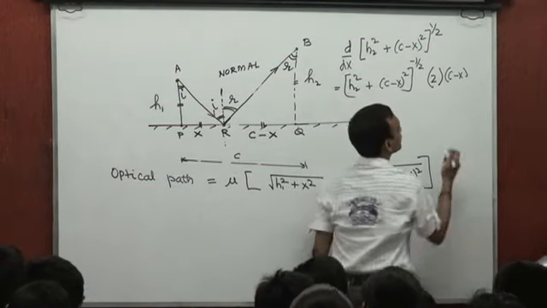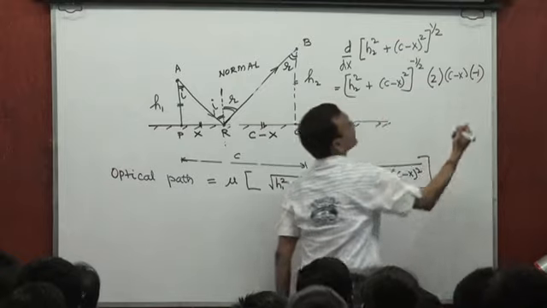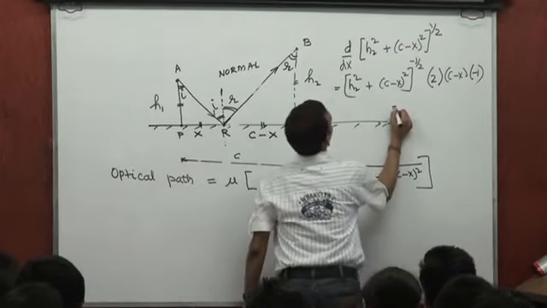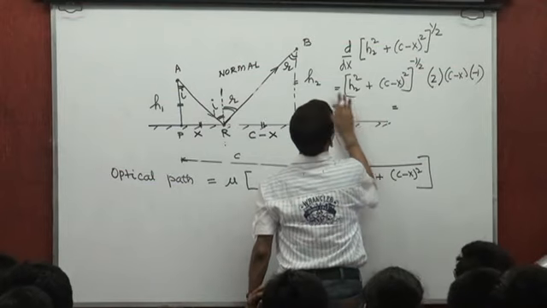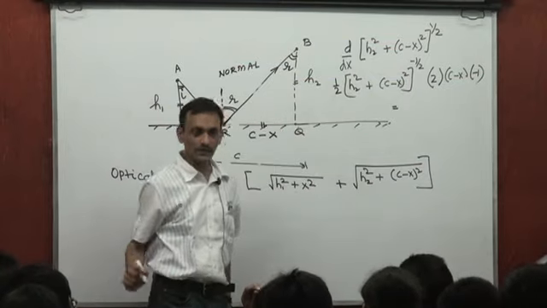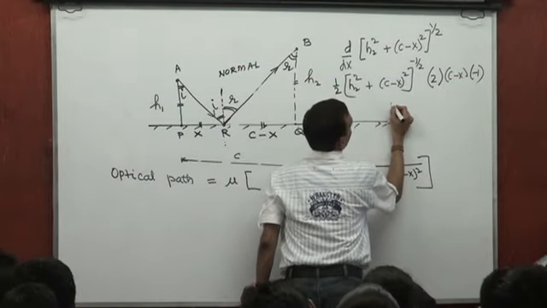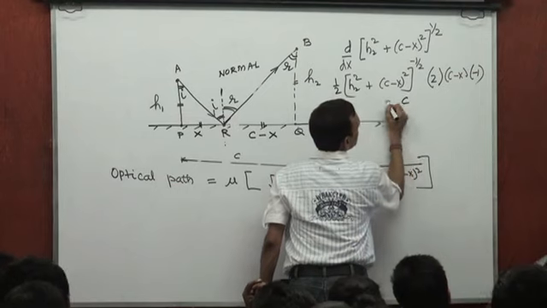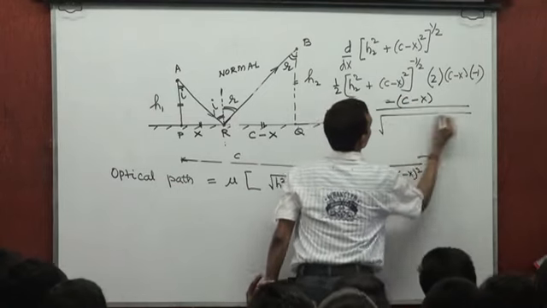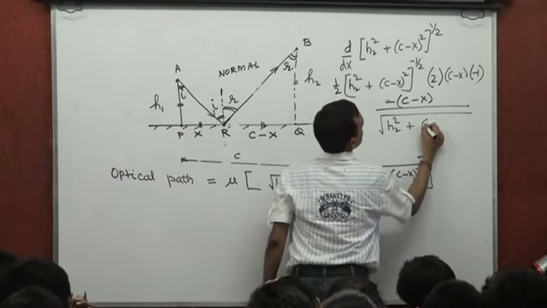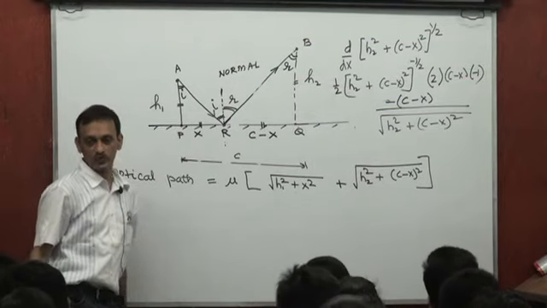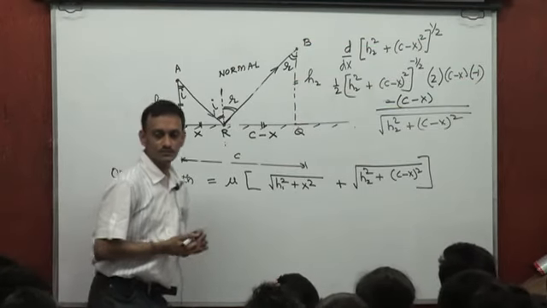Right? And of course 1 by 2 of this, right? So that makes it minus of C minus X divided by root H2 squared plus C minus X whole squared, right?